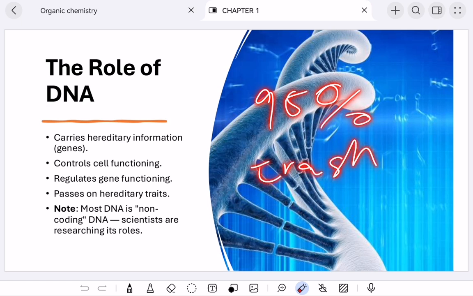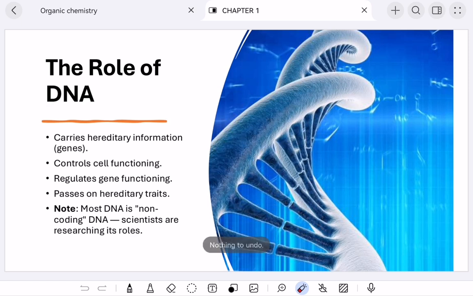So, not basically junk DNA, but it doesn't have function. It's non-coding DNA. Scientists are still looking for its role in the animal body or in living things, right?